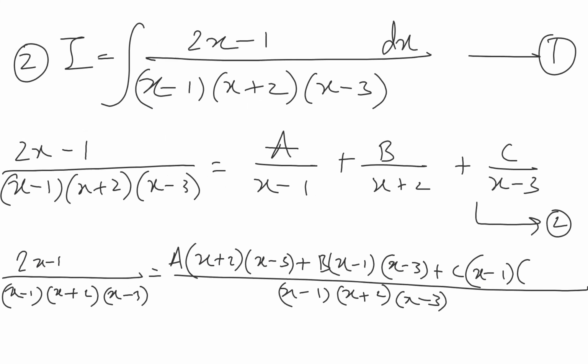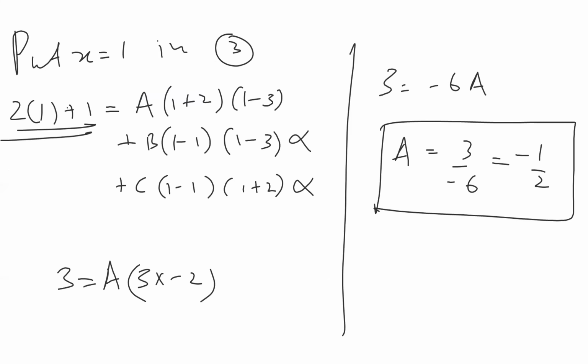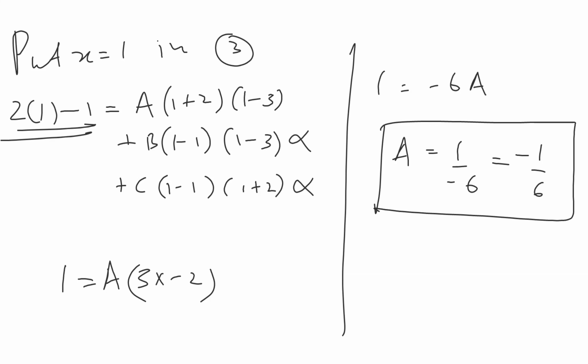Let me check. Yeah, sorry, my bad. It's 2x minus 1, correct. So the left hand side will be 1, so A is minus 1 by 6. We got the value of A.